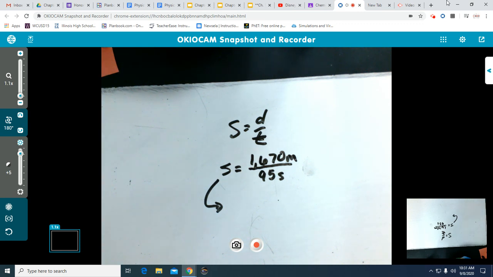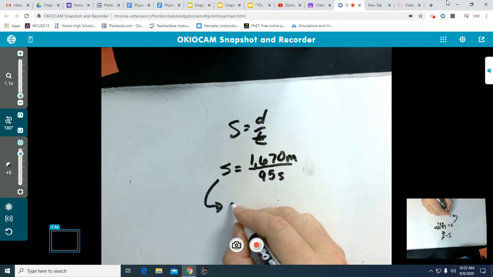Because sometimes down the road, whether in the near future or the further future, you might be given units in one form, and you've got to answer it in a different form. We're not there yet, but there will be a time where we will be doing that.